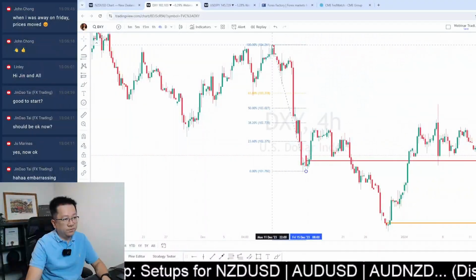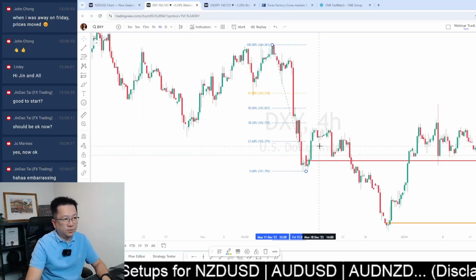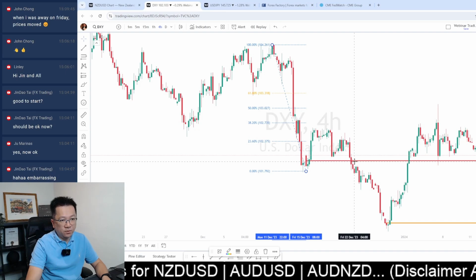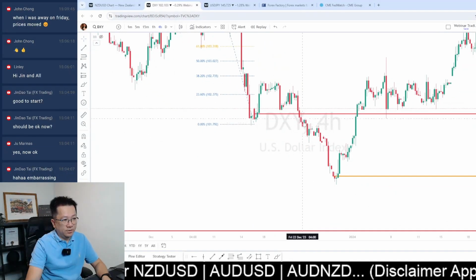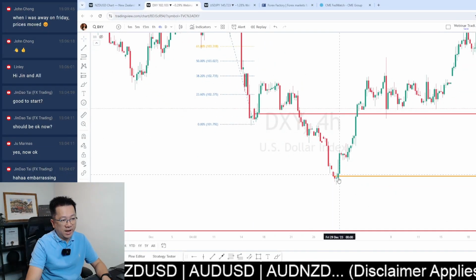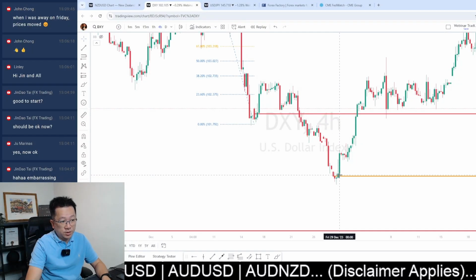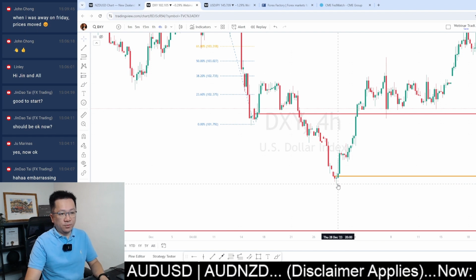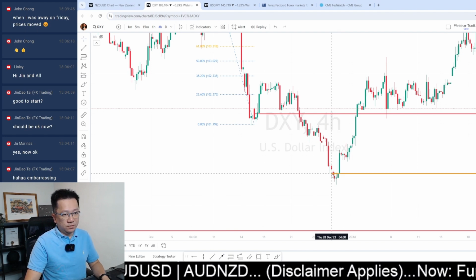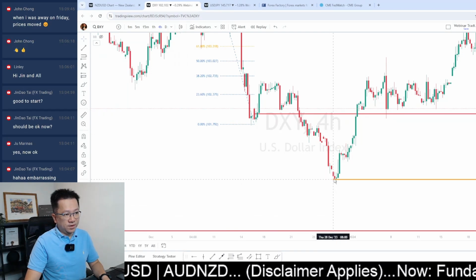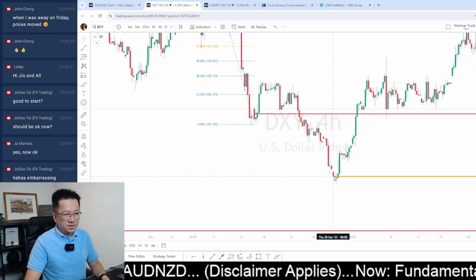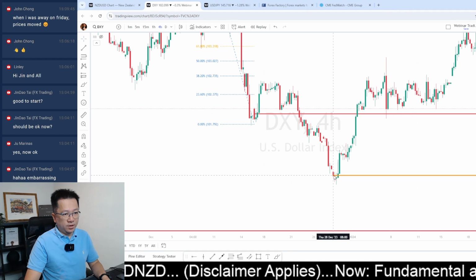If you took the whole move, it came back to about that 38.2 retrace before pushing back down, breaking 102 and continuing down. By the end of December into the new year, it was at 100.78. So 101 is right there. Let's do a nice round number at 100.80.